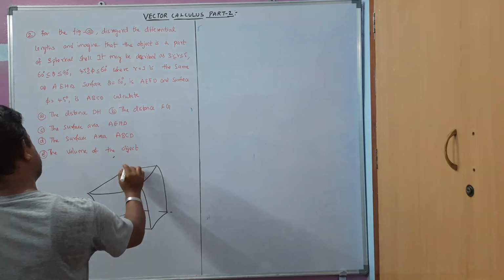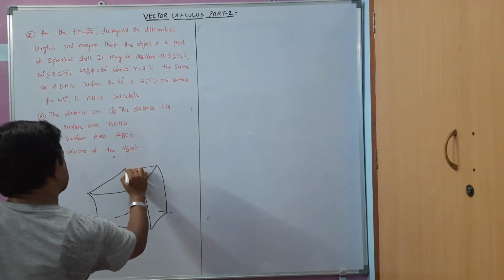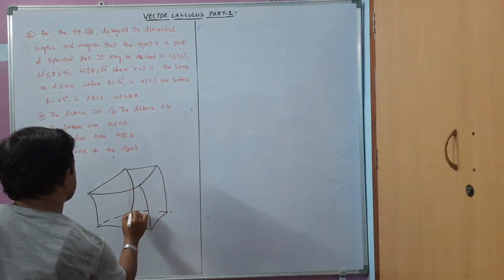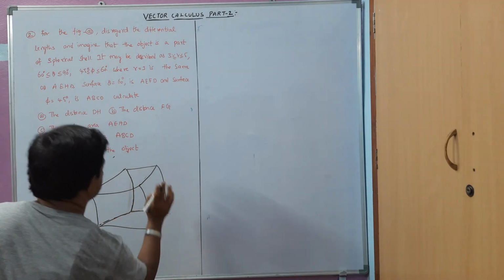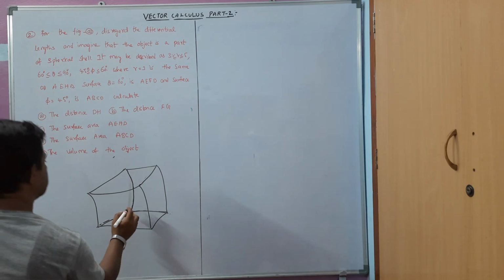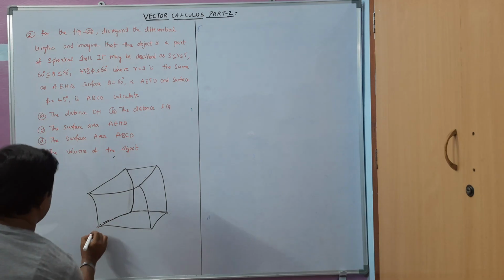So this is the spherical shell here. You can see this is a shell he has given. This is the origin. Let us take this as the point he has given.